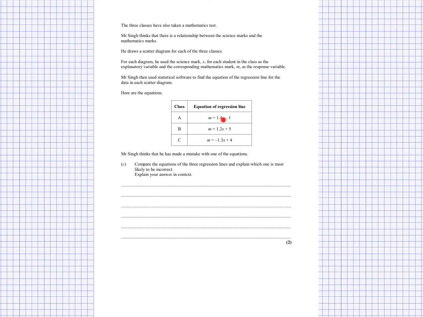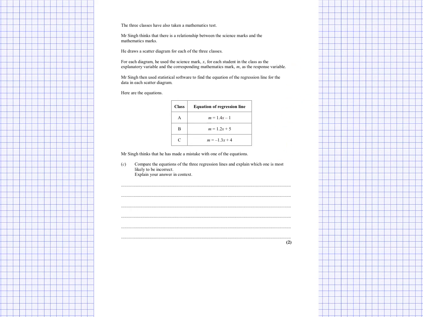Now, that's where it would cross, but remember, that would be extrapolating to someone that got 0 marks in a science test, okay? And maybe no one got 0 marks in a science test, and it doesn't really matter. It just tells you, it will be 1.4 gradient, which might be something like this, and how high or low it is, okay?